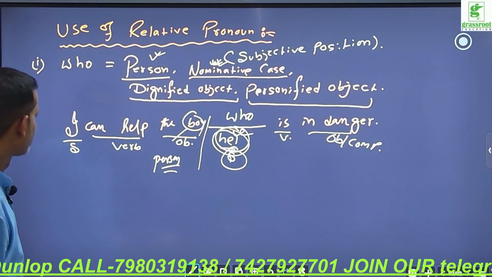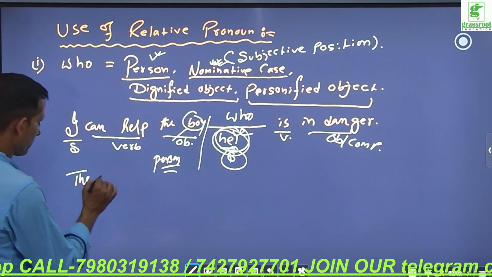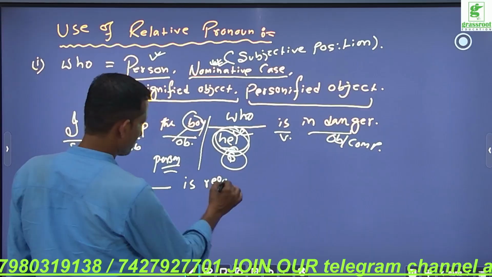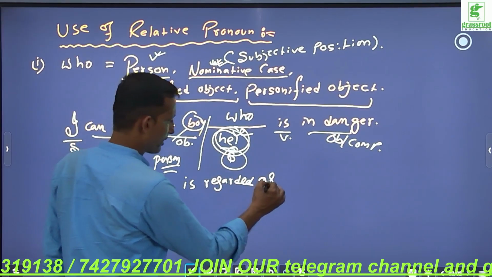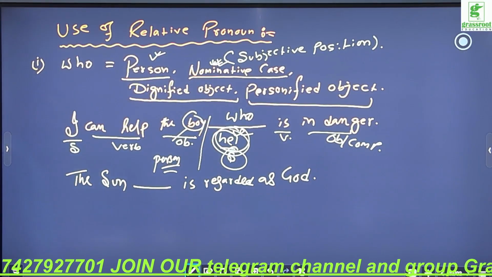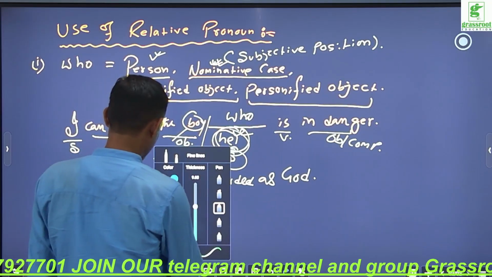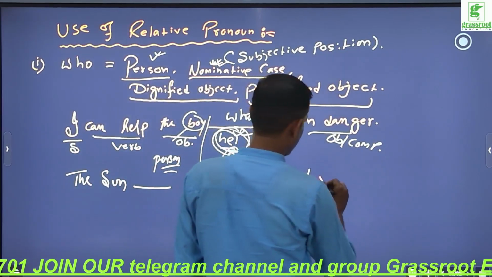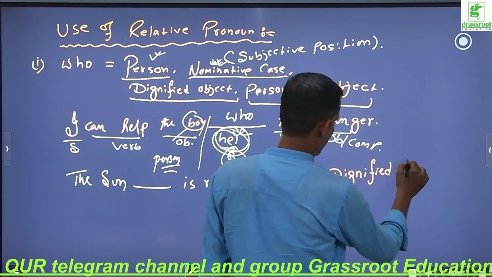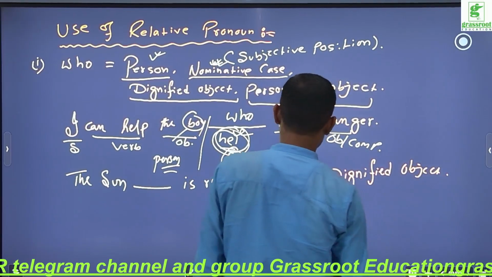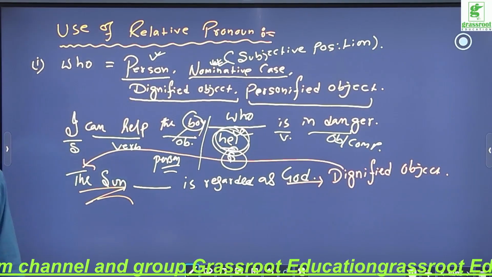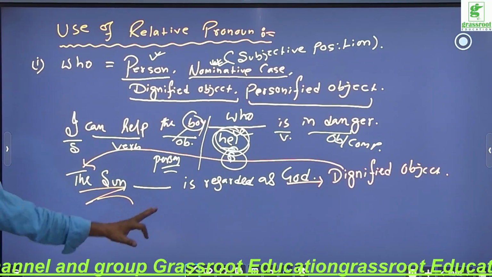Dignified object. The sun, dash, is regarded as God. That is a dignified object. There God is not only God, dignified object. Who are dignified objects? That is the sun. We cannot say which or what or that.